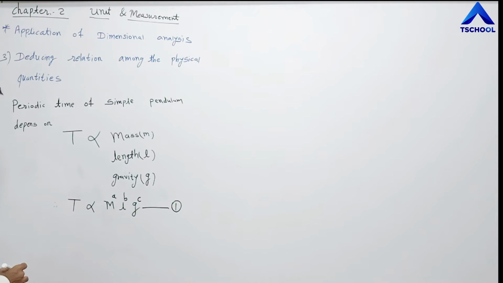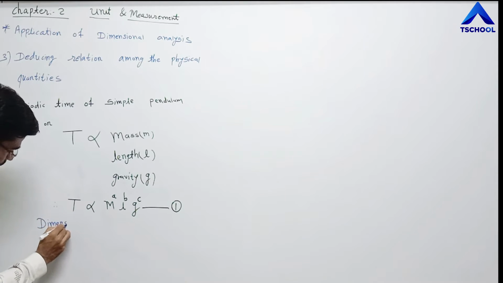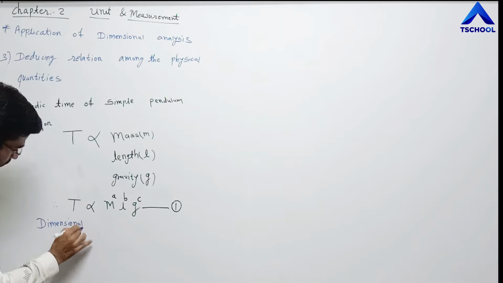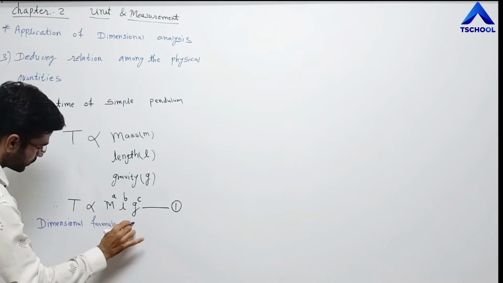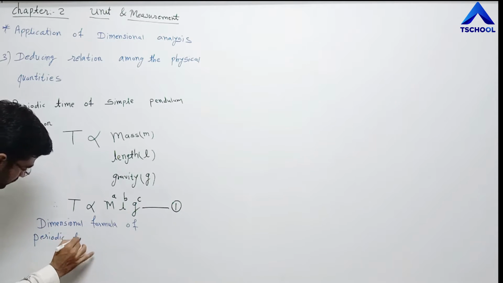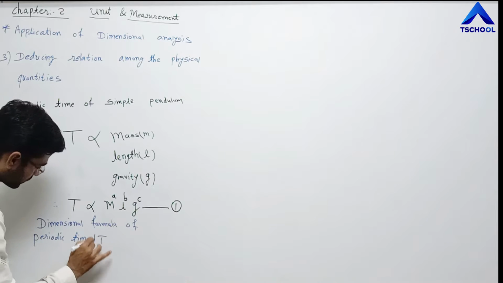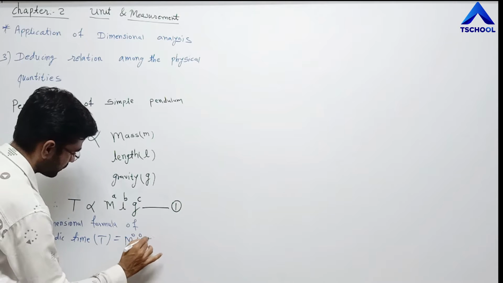Now the dimensional formula of periodic time T is m0, L0, T1.